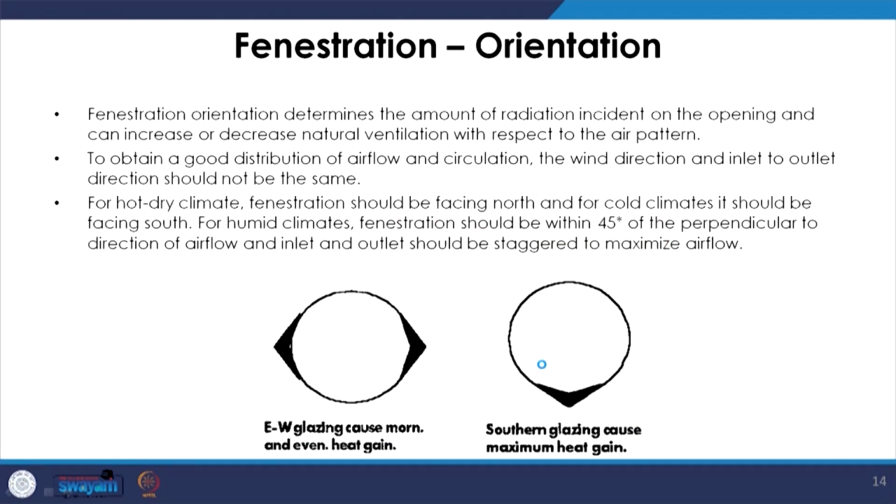When we are talking about orientation, as I have just said, the glazing oriented towards the south would maximize the heat gain, and hence it would be preferred in cold climates. If the window is towards east and west, it would maximize the heat gain during morning and evening.